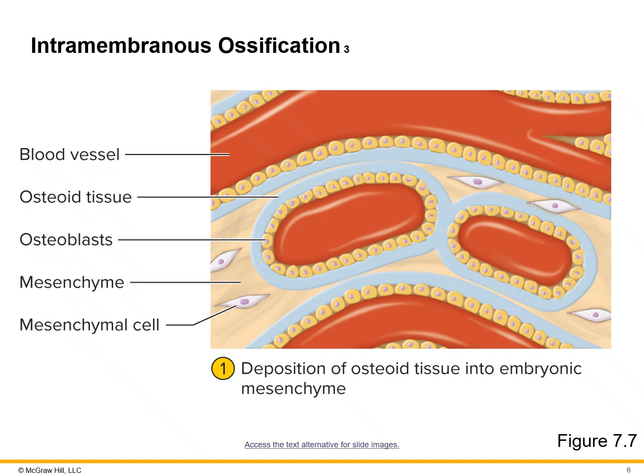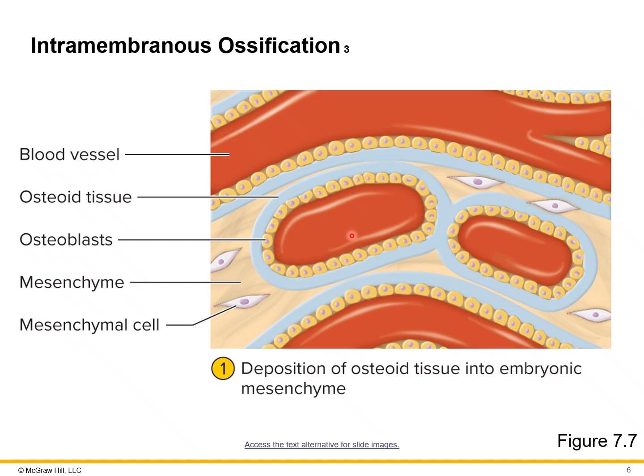So what we're looking at here are some blood vessels. Wherever you see these red tubes are blood vessels, and then these other red ovals are also blood vessels. They are just going through the tissue in a different direction. So it's as if you cut a straw in half and you're looking through the tube of the straw.